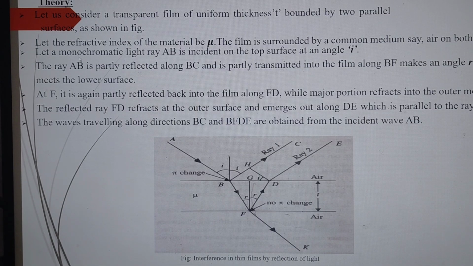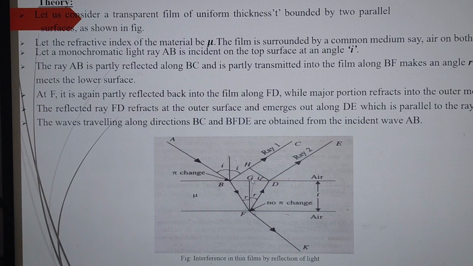Let the monochromatic light, source AB, be incident on the top surface at angle i. The ray AB is reflected along BC. See, from B to C it is the reflected light, and partially transmitted from B to F, that is BF, making an angle r with the normal FG.